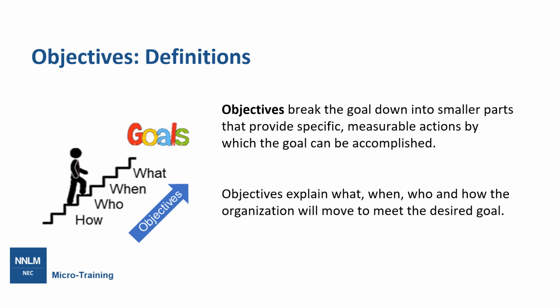In this picture, the goal is at the top of the ladder, while objectives are the steps that will take the team to the top, to the destination, to the goal. Objectives are sentences that establish how we are going to meet the goal. Objectives answer the questions how, who, and when will the team move to reach the goal.